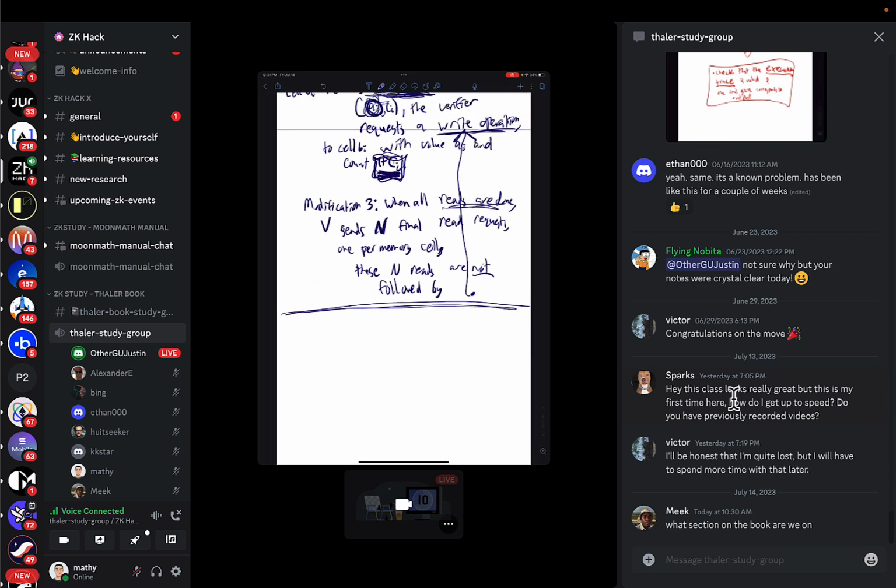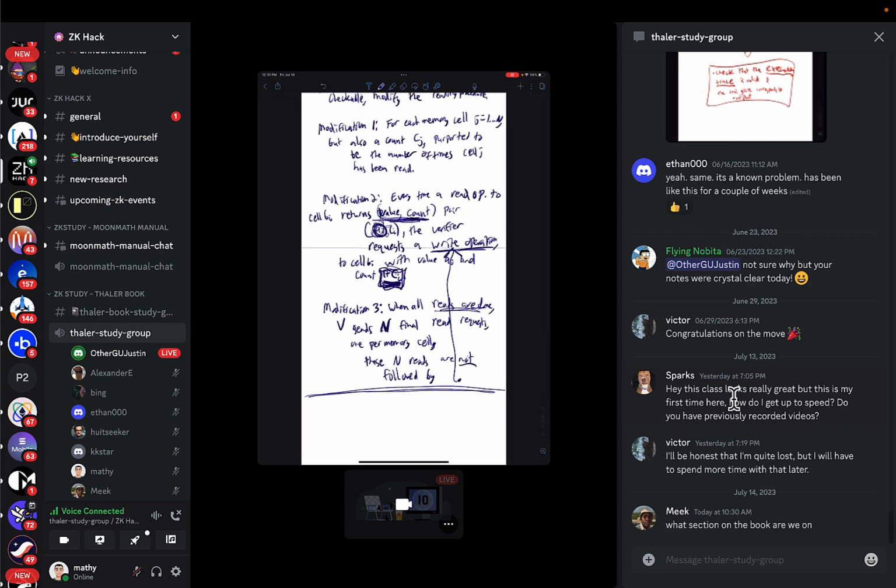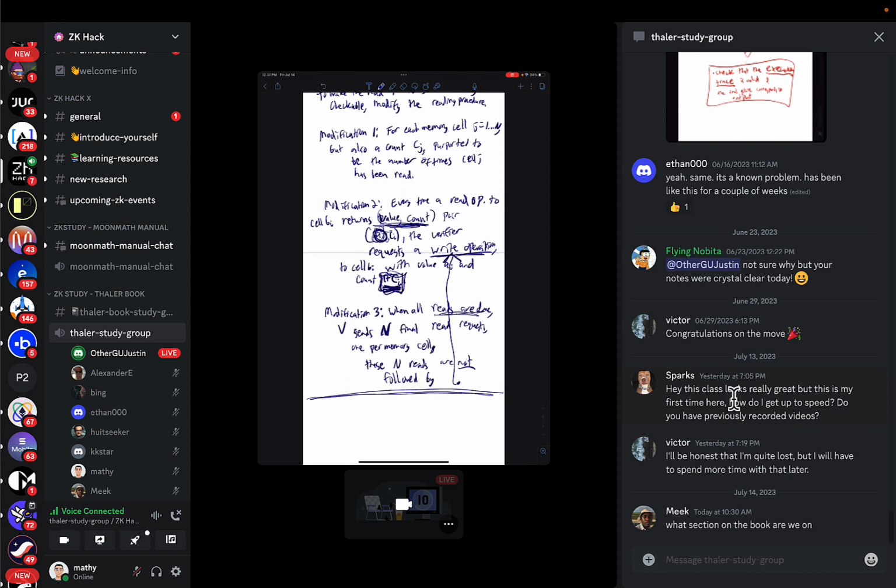Okay. So conceptually, these modifications are having each memory cell track extra information, namely these counts. And then, moreover, they have the verifier put in these write operations, which are intended to just keep the counts accurate if the prover's honest.